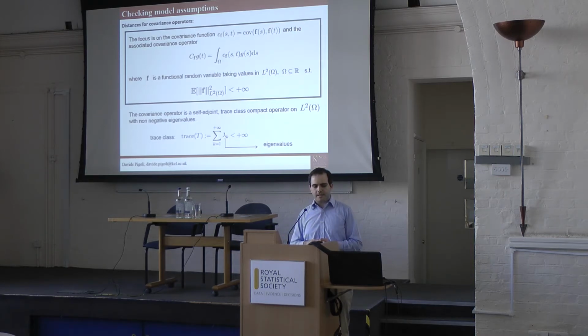Under the usual assumption for functional data, that they are essentially square integrable functions, the covariance operator is self-adjoint trace class with non-negative eigenvalues, of course. And so you have these constraints on the eigenvalues that make the space non-linear.